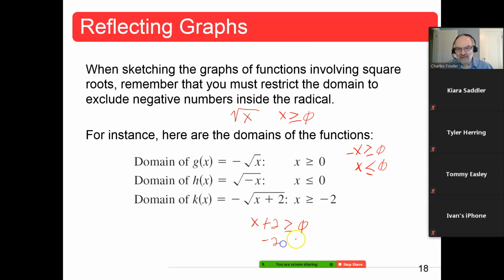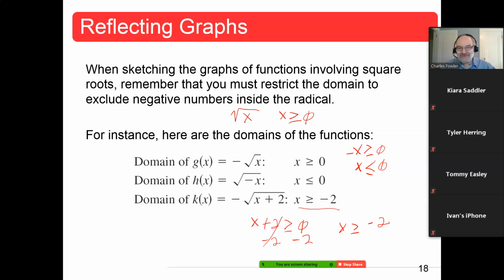Then you subtract 2 from both sides. Adding or subtracting on either side doesn't change the sign. Only multiplying or dividing by negative numbers changes the direction of the inequality. So x is greater than or equal to -2. And that's what they got here. So that's what you have to keep in mind with domains.